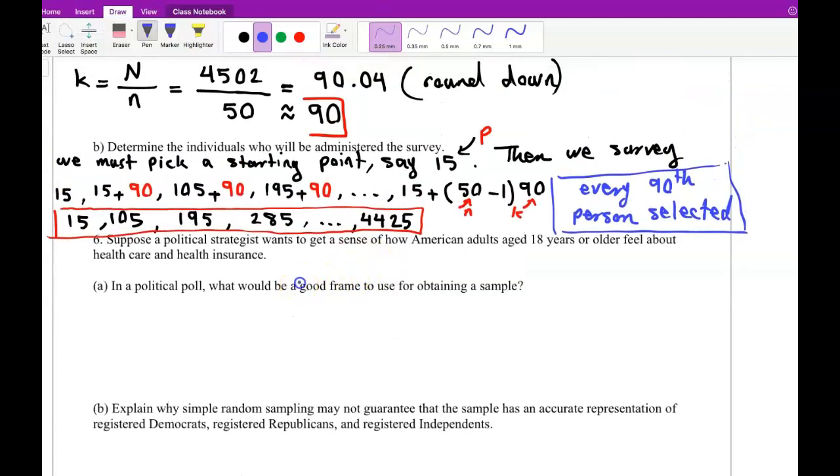What this means, good frame to use for obtaining a sample? This one means find the population.